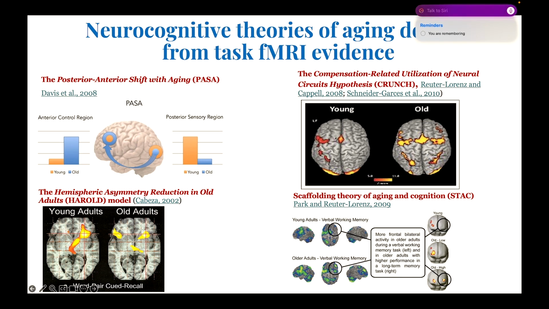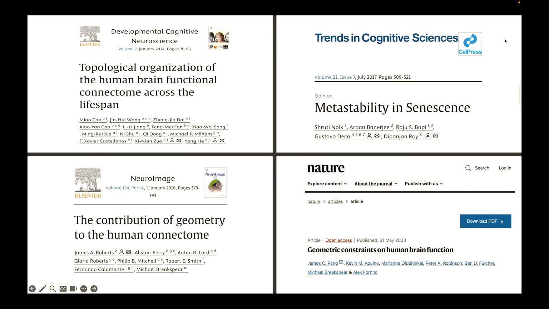And in older adults you generally see higher performance in long term memory tasks rather than short term memory tasks. So, these are a very interesting set of psychology based studies using functional MRI and cognitive neuroscience evidence, which point towards different types of neurocognitive theories.